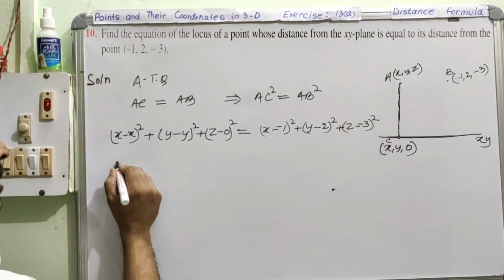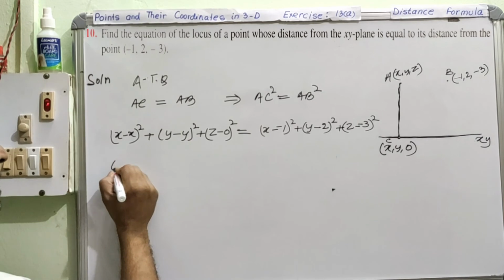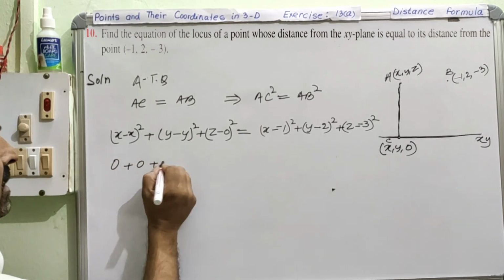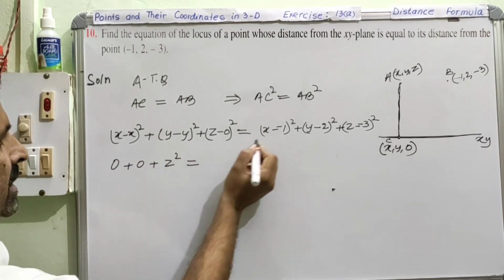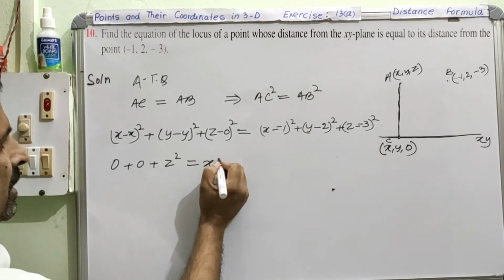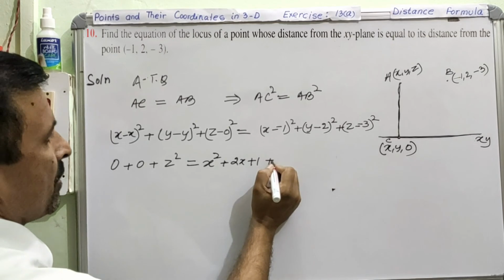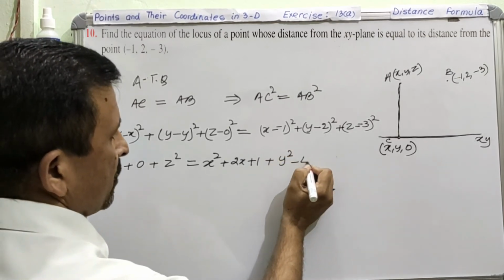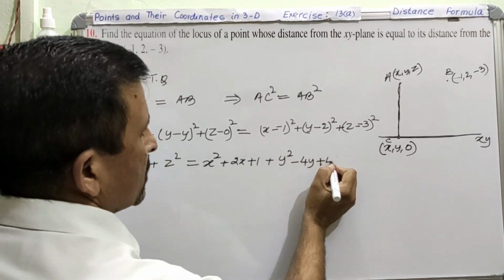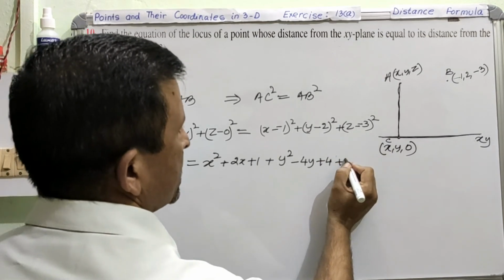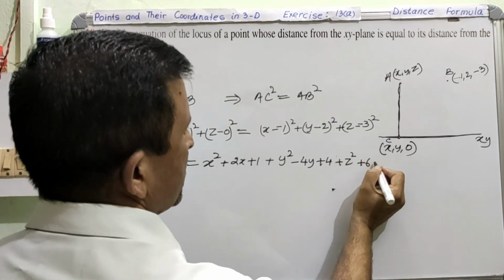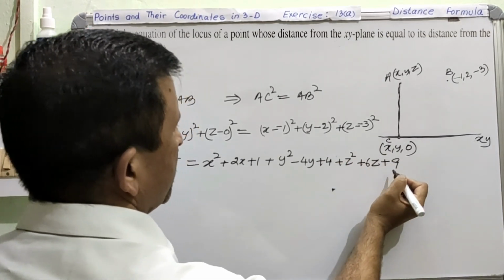So this becomes 0, this becomes 0, plus z square, and on the right hand side, x square plus 2x plus 1 plus y square minus 4y plus 4 plus z square plus 6z plus 9.